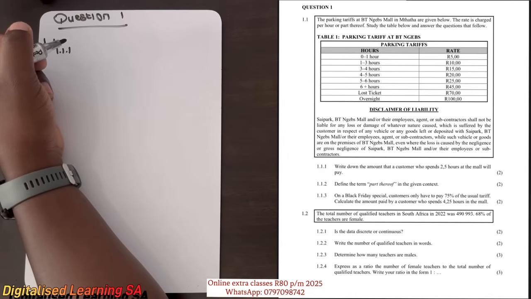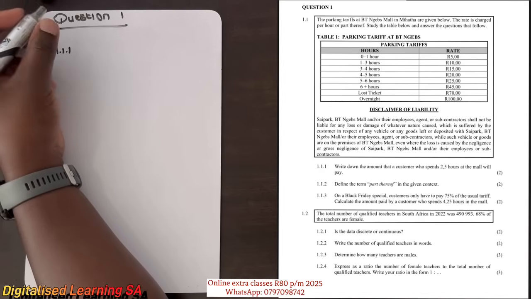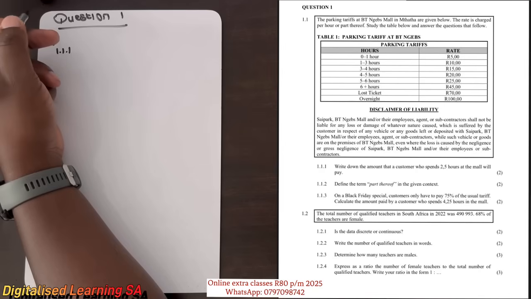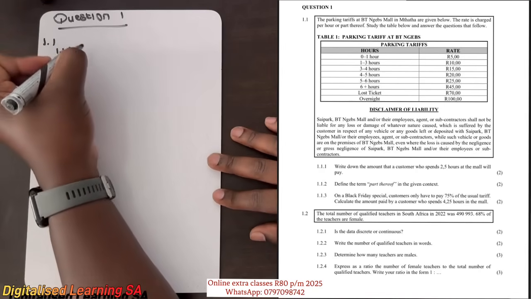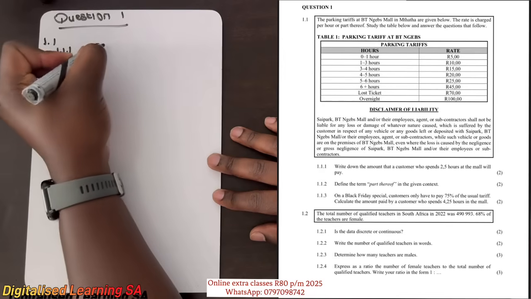Let's go ahead and start with 1.1. Question 1.1.1 says write down the amount that a customer who spends 2.5 hours at the mall will pay.